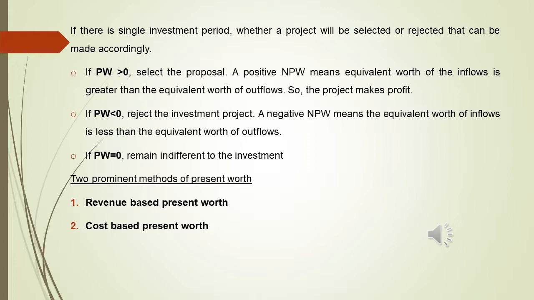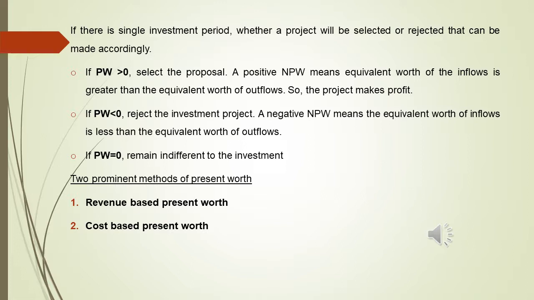A positive NPW means the equivalent worth of the inflows is greater than the equivalent worth of the outflows, so the project will make a profit. Second, if PW is lesser than 0, reject the investment project. A negative NPW means the equivalent worth of inflows is lesser than the equivalent worth of outflows. In the first condition it is greater; in the second condition the equivalent worth of inflows is lesser.